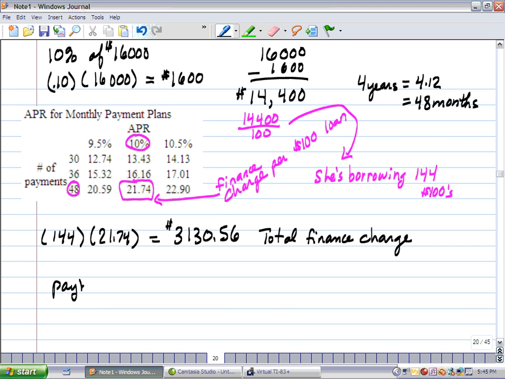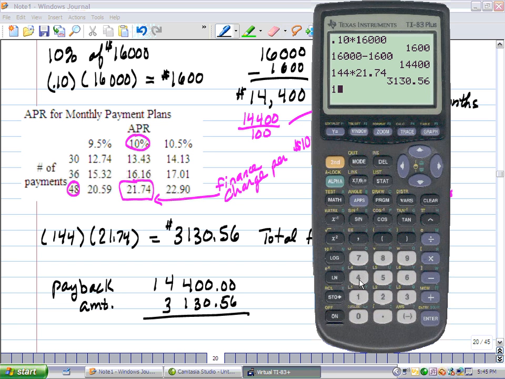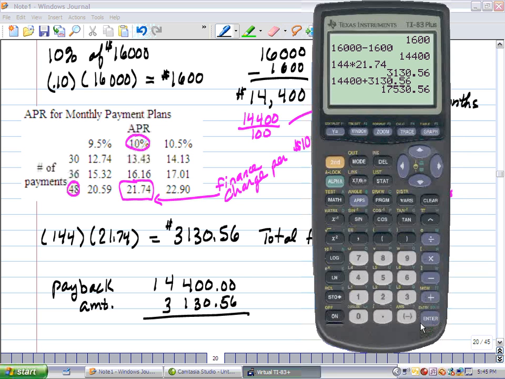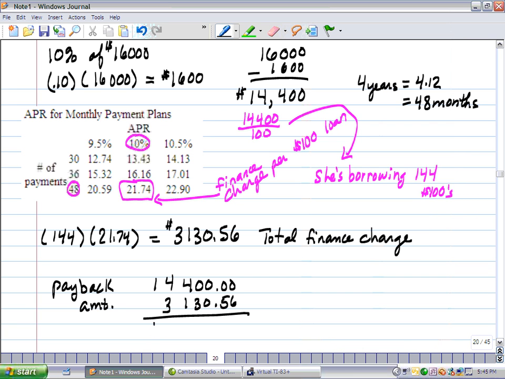So her payback amount is going to have to be both of those: the $14,400 plus the $3,130.56. 14,400 plus 3,130.56 is $17,530.56. Could have done that one by hand.